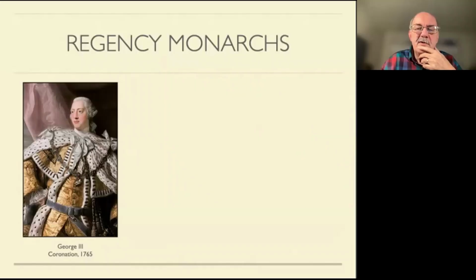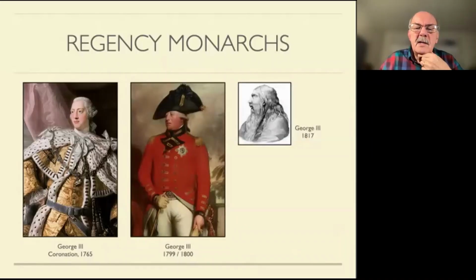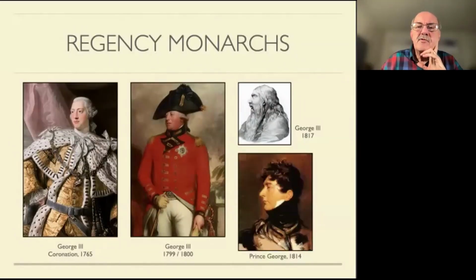Here's George III, the king against whom the colonists revolted, shown here at his coronation. Here he is a little bit later during the time of the Revolution. Here he is in 1817. Those of you who remember your history may know that George was suffering from mental illness and decline, and his son, the Prince Regent, carried out the royal duties, later becoming George IV.